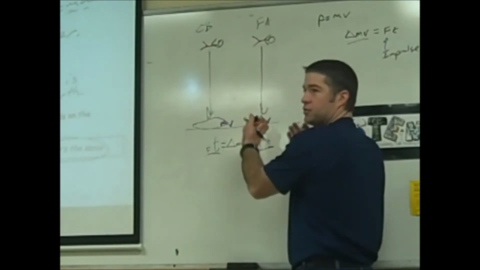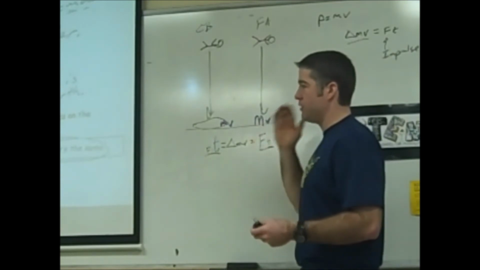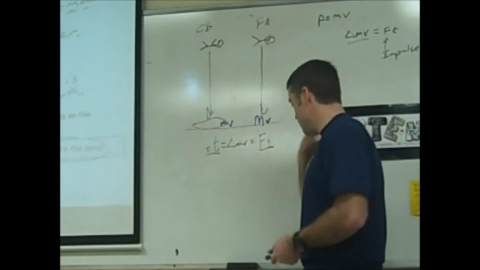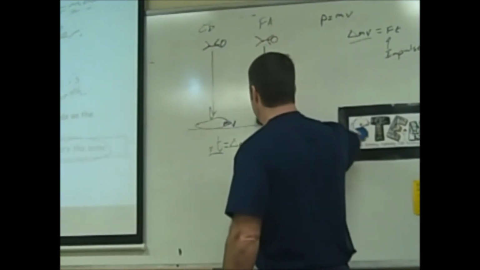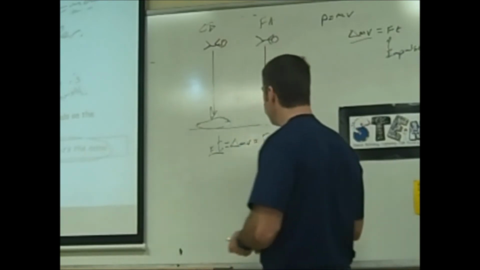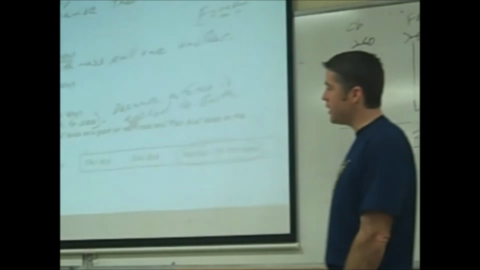So this would actually have more momentum than the other one. Your momentum depends on your velocity multiplied by your mass. So if it doesn't say that they're identical, then they don't necessarily have the same momentum unless you assume that they're identical in mass. So which one has the greatest change in momentum?